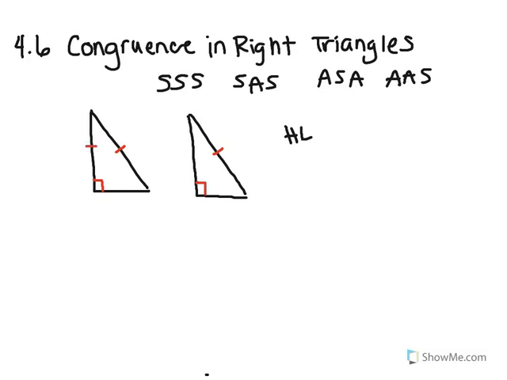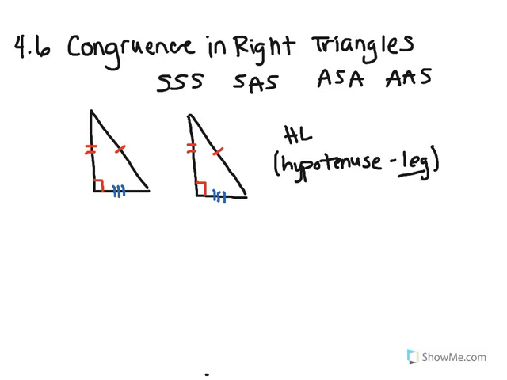I could have this side congruent to this corresponding side, or I could have this side correspond to this side. So this is called hypotenuse-leg, and it is just another way to help us prove triangles are congruent. So the leg part means that you just have to have one of the legs, not both.